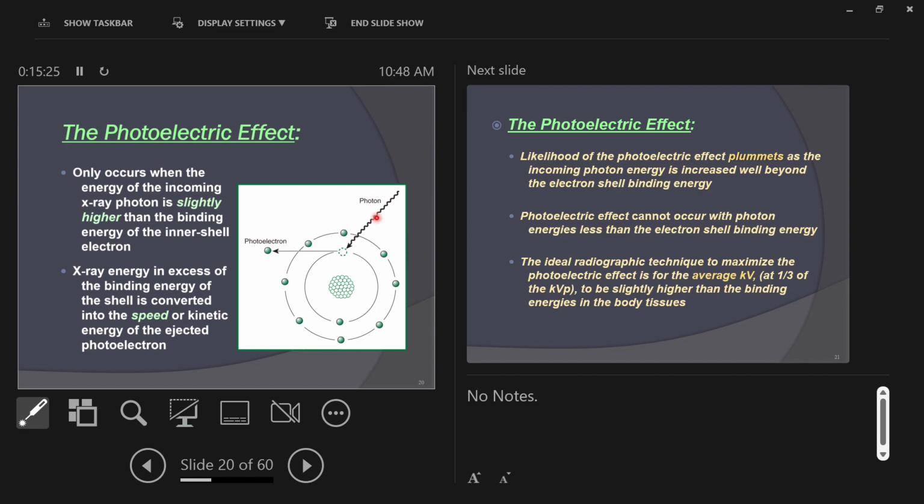There's a conservation of energy, so it's an easy thing to talk about. They may tell you what the binding energy for the electron was and what the energy of the incoming photon is, and from that you can work out how much energy the photoelectron leaves with.